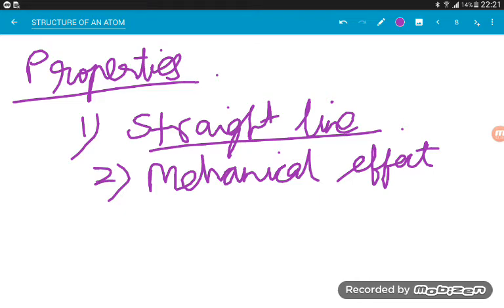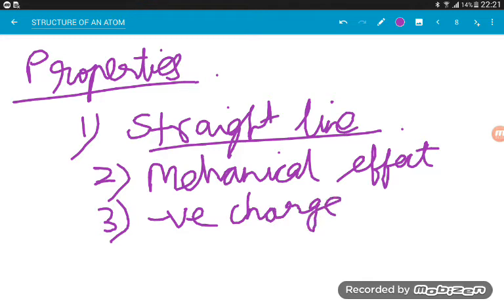And another important point, they are negatively charged, that we know, right? They are nothing but the flow of electrons. So they are negatively charged, right? Then, another very important point about the nature of cathode rays, because you need to remember, the anode rays or canal rays are the same except for this particular fourth difference.